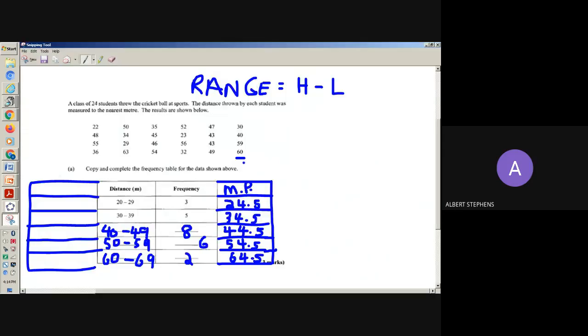Oh yeah, I was just testing you guys, I knew it was 63. What's the lowest value? I think 22. Right. So to get the range, class, you just subtract those values. And that will give you what? 41?